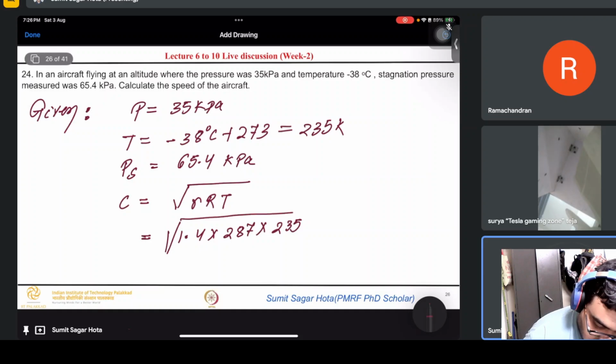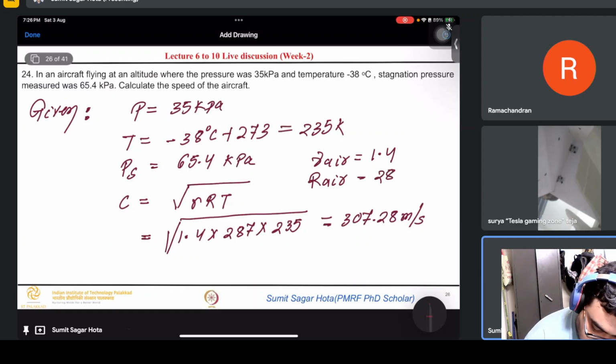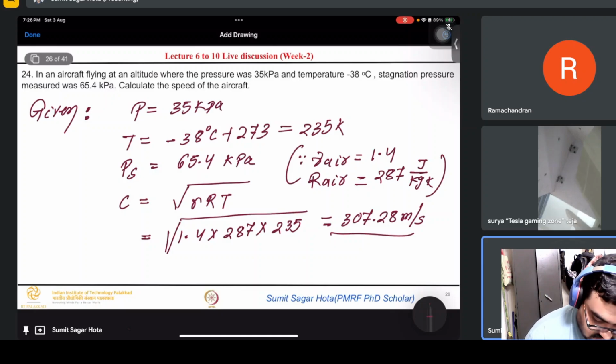Take the square root and we get 307.28 meter per second. So this is the velocity we found.